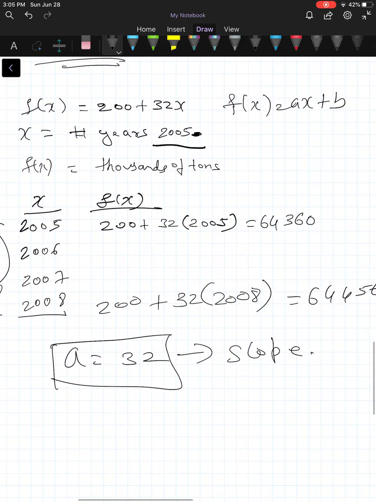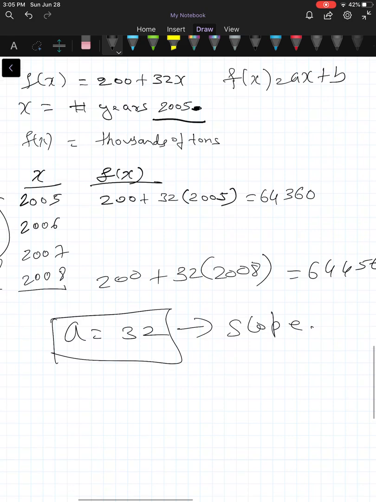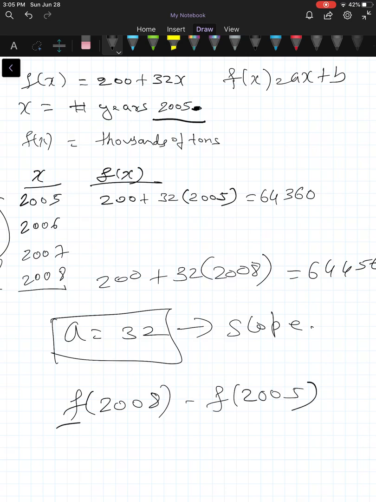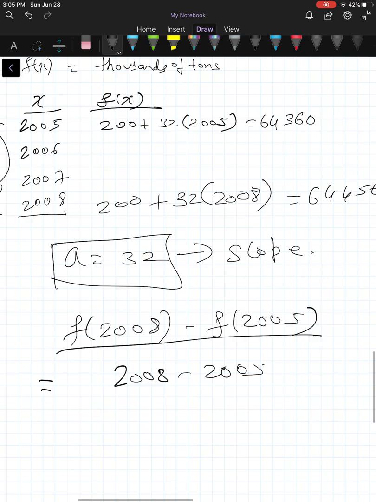Correct? Then using the average rate of change formula, we have f of 2008 minus f of 2005, divided by 2008 minus 2005. This is nothing but the average rate of change of f.